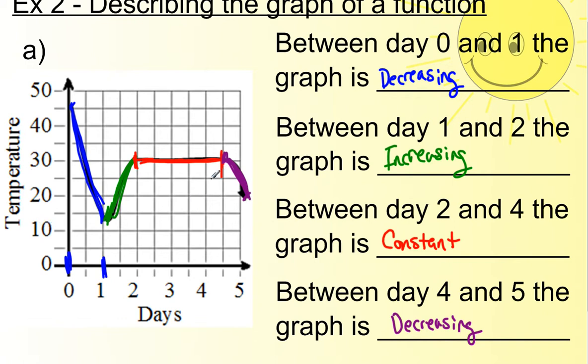And then between days 4 and 5, the temperature is decreasing. Actually, my day 4 is like here. So in that range, it's decreasing. Okay? So now we're looking at each individual section of the graph and being able to describe it instead of just in general what's happening.